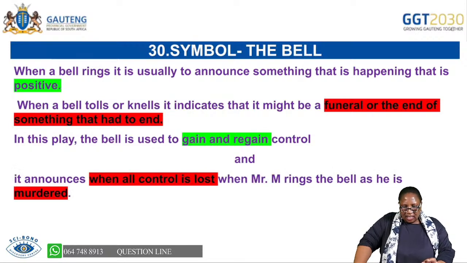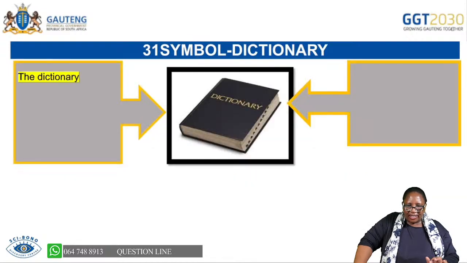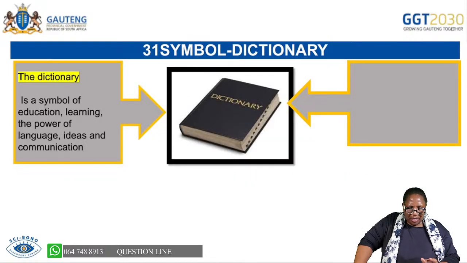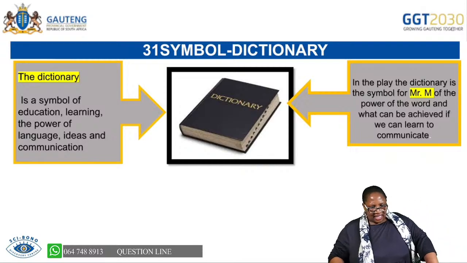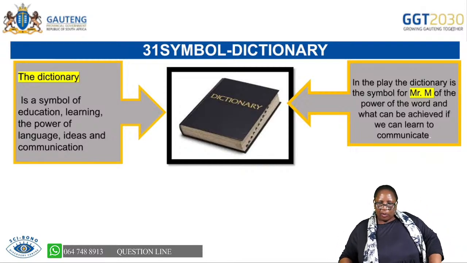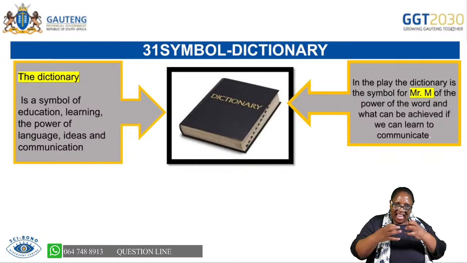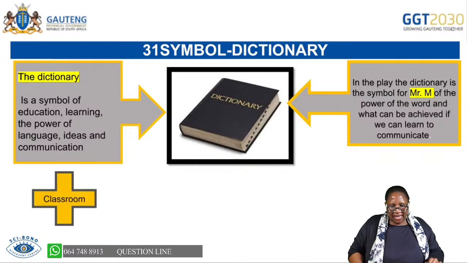At the end, Mr. M rings the bell, and soon after, he dies. Another symbol that you're going to study is the dictionary. The dictionary would mean what? It's a symbol of education, learning, the power of language and ideas. Whilst on the other hand, the dictionary is the power of the word that we can achieve as a collective.